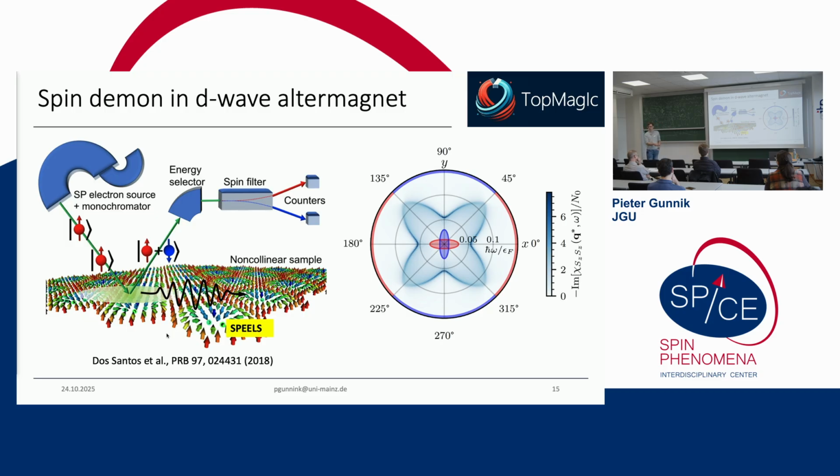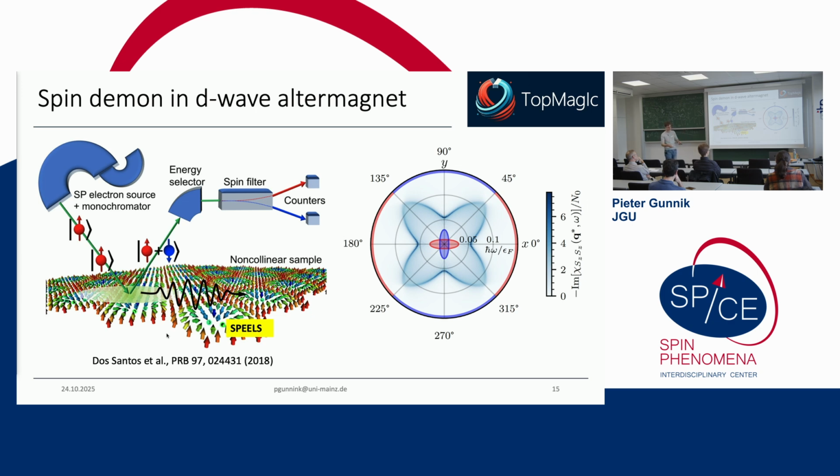This is very difficult to do as far as I understand, but it can in principle be done, and this directly probes our chi-SC,SC, the imaginary part of chi-SC,SC. In principle you could map out these types of plots, and we check that it sits roughly in the right energy range. So you can in principle measure these types of spin demons.